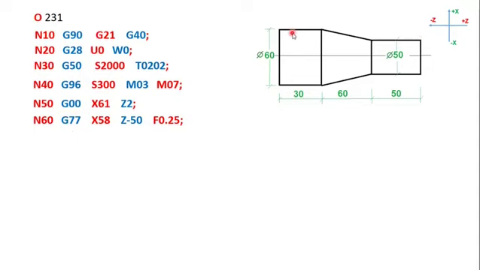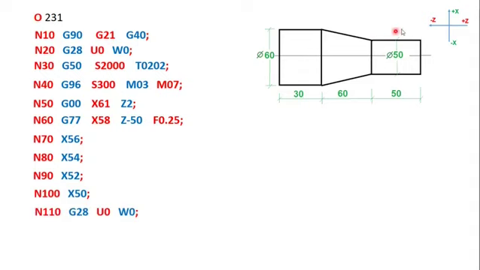From 61 it will remove 2 mm down to a diameter of 58, at a feed rate of 0.25 per revolution. First 58 dia is reduced, then 56, 54, 52, and then we achieve a diameter of 50. So this part completely gets removed, and we have achieved the diameter of 50 millimeter.